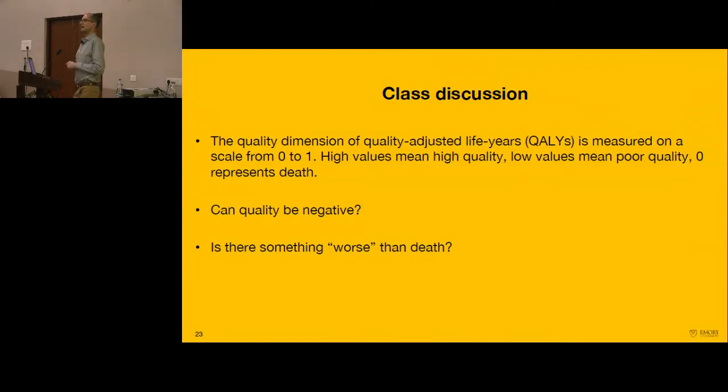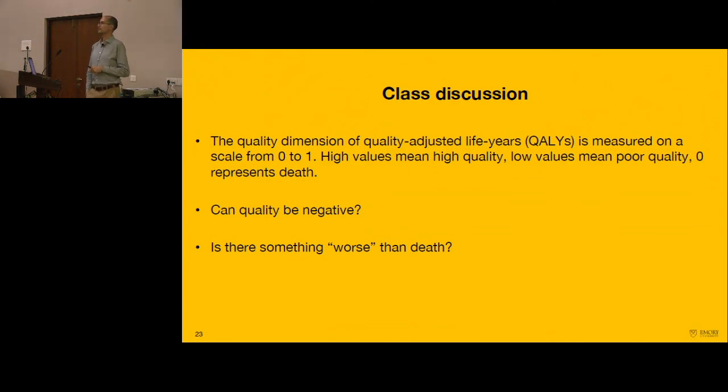So let's say if we allowed negative quality, how far can we go? Would it end at 0.1, -1, -100? Why -1? Because 0 to 1 is a scale. Yeah.